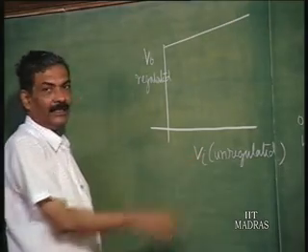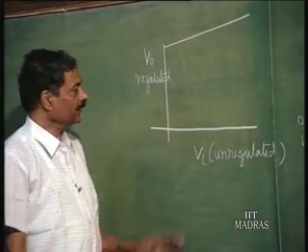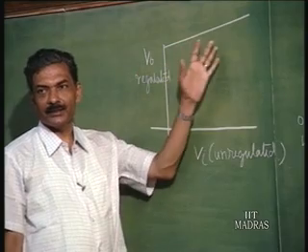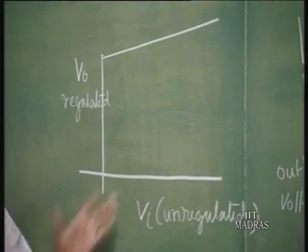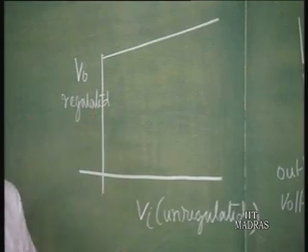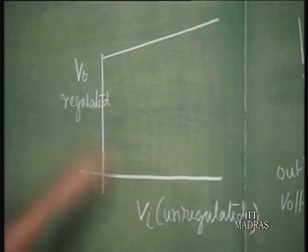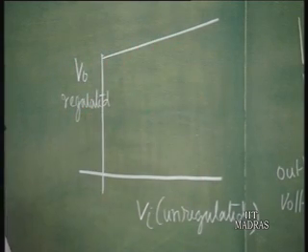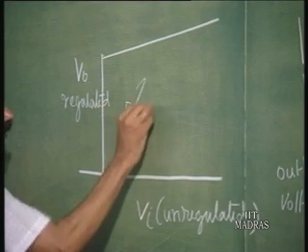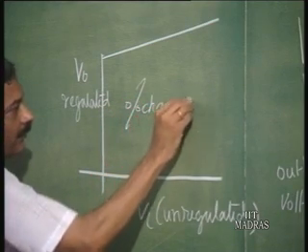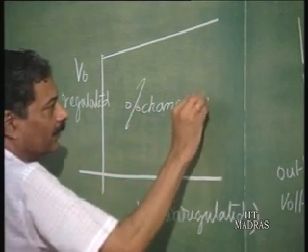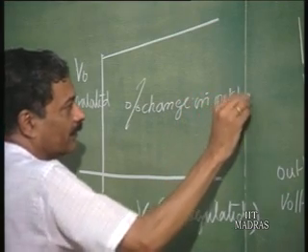Let us say when V I increases, there is a tendency on the part of V naught to increase, because V naught is derived from V I. So, how far this change occurs, that is again percentage change in output voltage.